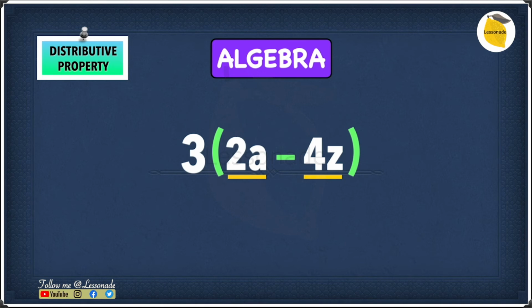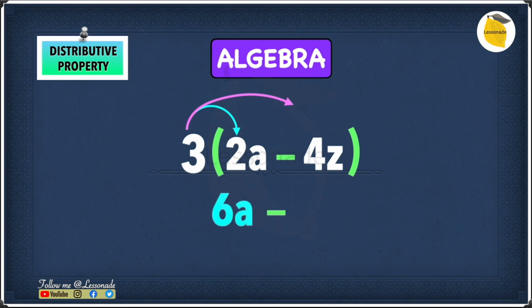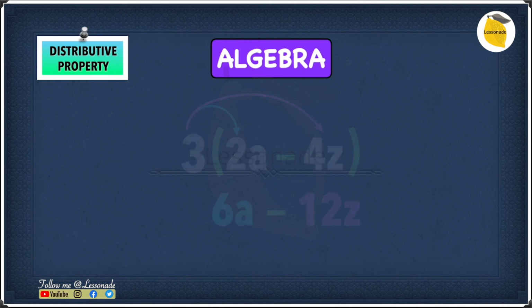This question might be a bit more difficult, but the thing to remember is that the terms themselves are being subtracted, despite the terms being multiplied inside. So you distribute the 3 to the whole of 2a and then the 4z. 3 times 2a will give us 6a, and 3 times 4z will give us 12z, which means we get an answer of 6a minus 12z.